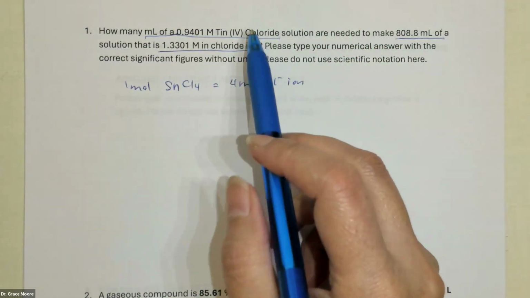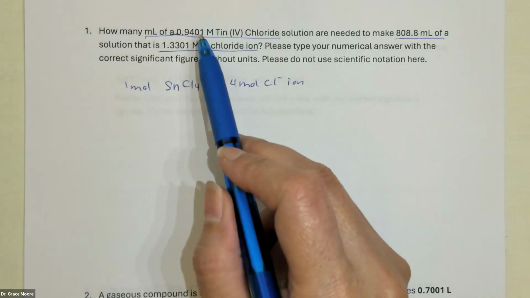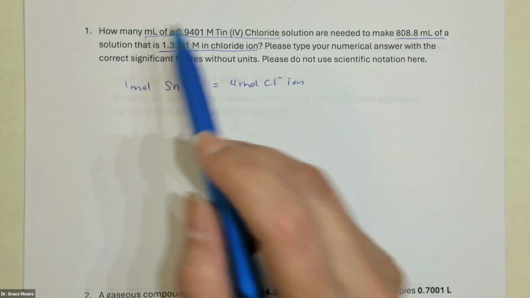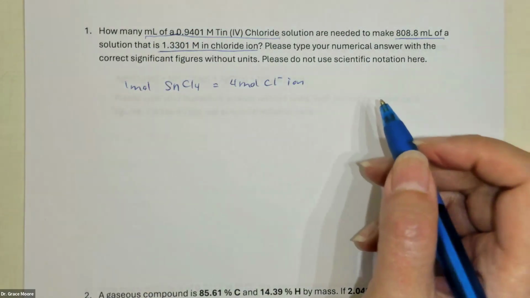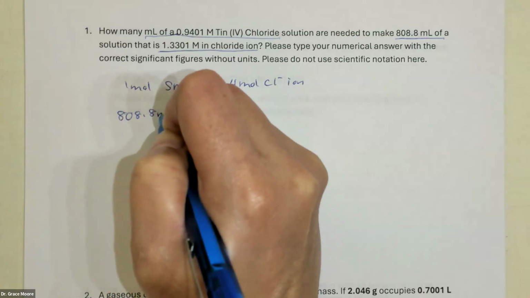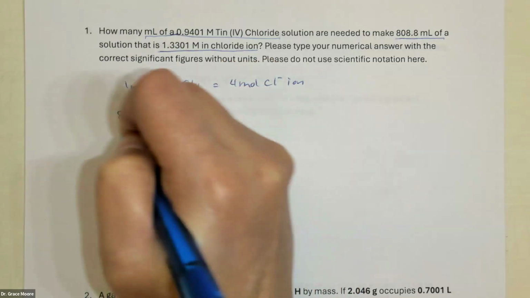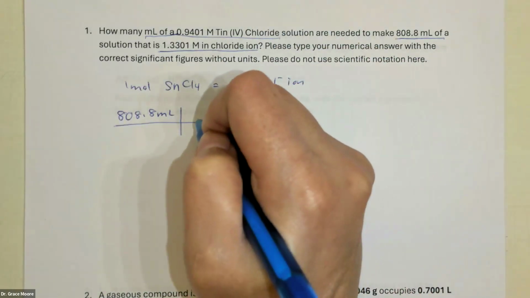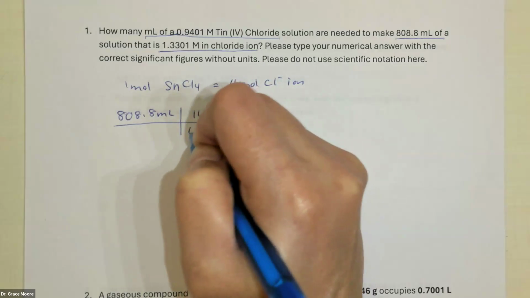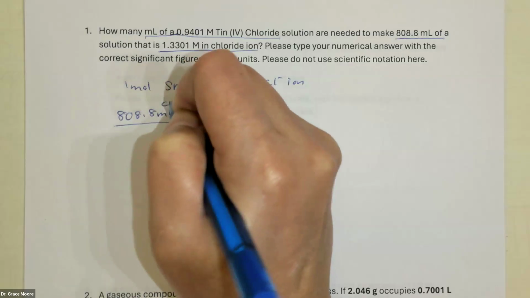Then once I get the mole to mole ratio, I'll use the molarity of tin(IV) chloride to get to the volume and then turn it to milliliters. So the first thing we do is 808 milliliters of the chloride ion, Cl negative.